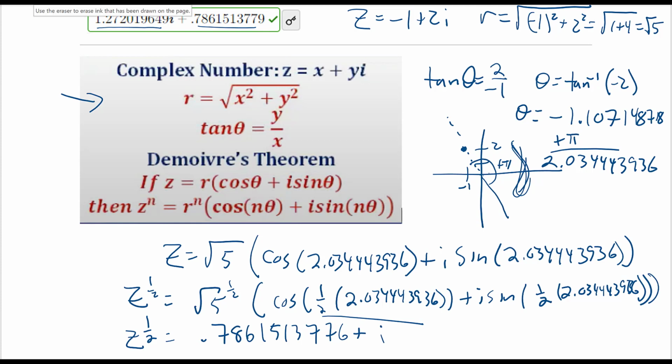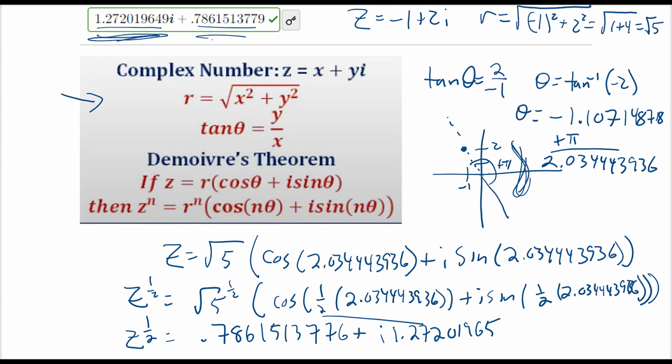Then we have the square root of 5 to the 1/2, or 5 to the 1/4, times sine of 1/2 of that angle. Again, that angle is something I kept in my calculator, so I can just paste it in. So that's going to give me 1.27201965. And that's what we had here.